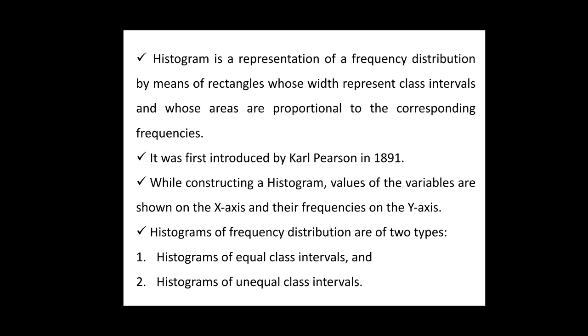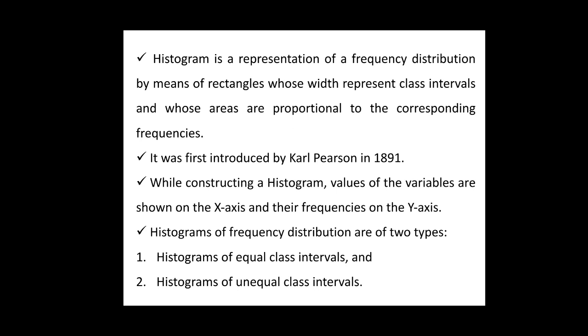Different rectangles meet each other from left to right. Students, the total area of the rectangles in a histogram represent total frequency of a data set. It may be noted that if the data are in form of an inclusive series, these are first converted into exclusive series before constructing a histogram.